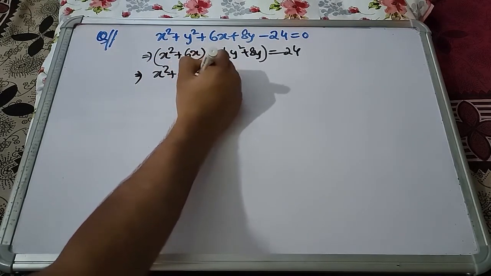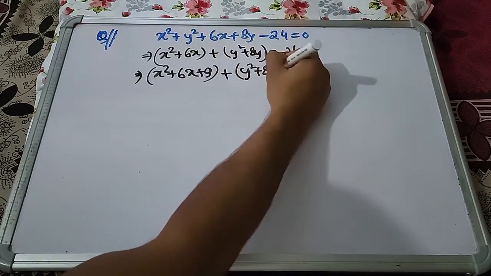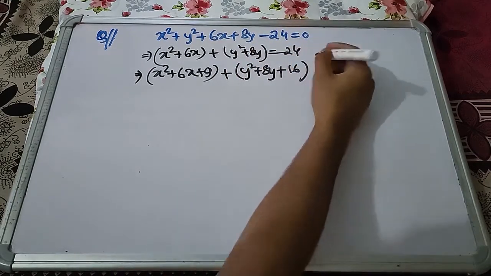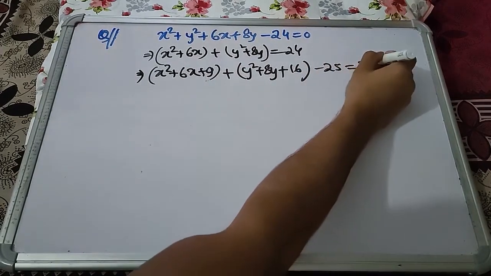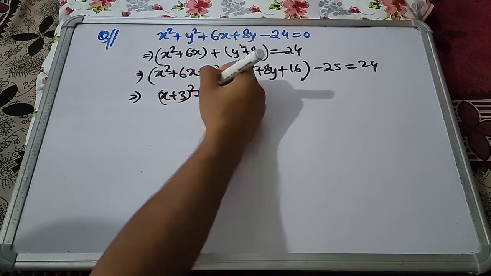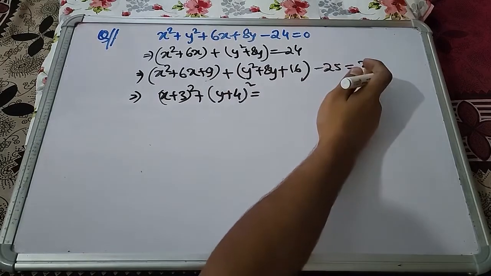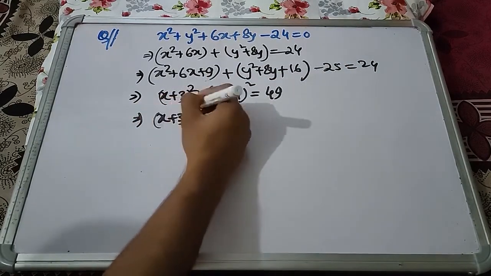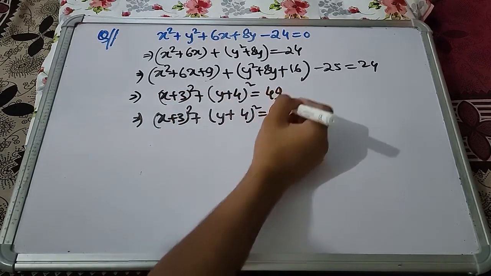So 6x plus 9 will help us convert into the a plus b whole square format. 8y is 2 into 4 into y, therefore 4 square is missing. So if you add 16 and 9, that is 25, you need to deduct 25 as well to maintain the equilibrium of the equation. So this becomes x plus 3 whole square plus y plus 4 whole square equals 25 plus 24, which is 49. So this becomes x plus 3 whole square plus y plus 4 whole square equals 7 whole square.